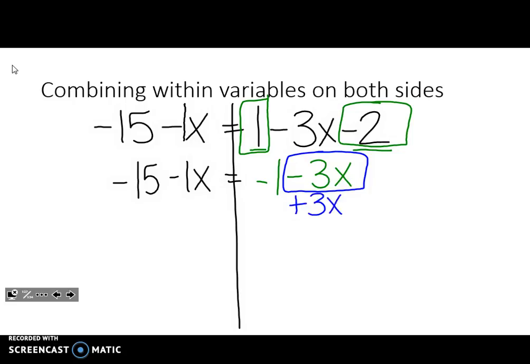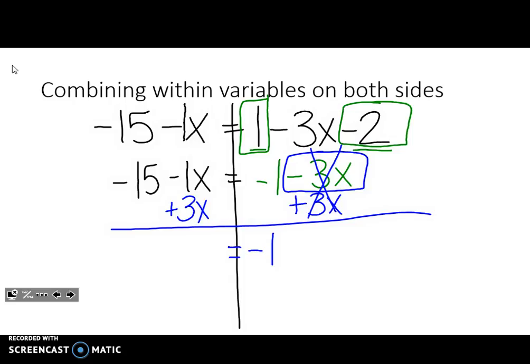So since it's a negative 3x, I have to add it to the other side. These cancel. I'm left with negative 1 equals negative 15. I'm going to bring down. And then negative 1x plus 3x is a positive 2x.